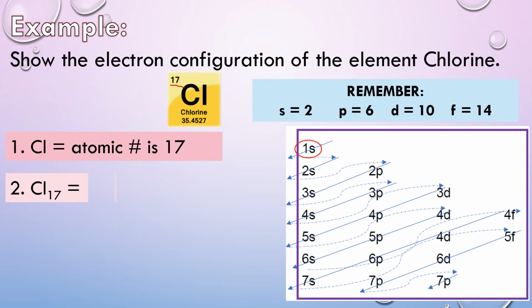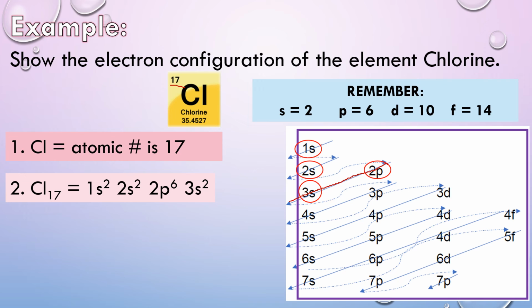So, first step, tingnan natin dito, anong pinakauna, is the 1s. So we will write 1s, 2. Second on the arrow is the 2s. So susulat natin 2s, 2. And the third is the 2p. So 2p, 6. And kasunod naman ng 2p, tingnan lang natin tong arrow dito, na sa 3s.